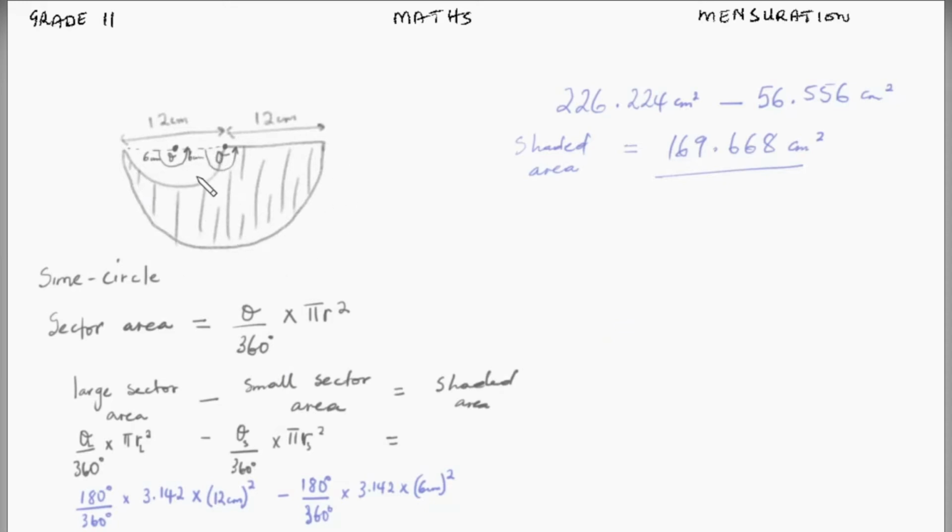That removing tells you that if they want you to find the area of the shaded part, you will find the area of the large sector and remove the area of the small sector. The area that will be left will be the difference between the areas of the two sectors. That is why we said large sector area minus small sector area will give us the shaded area.